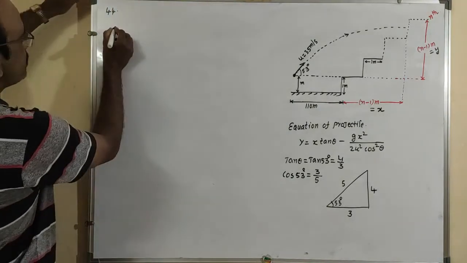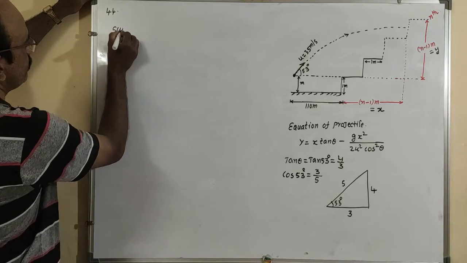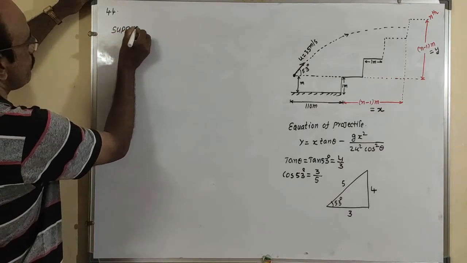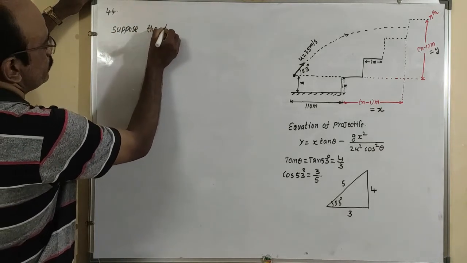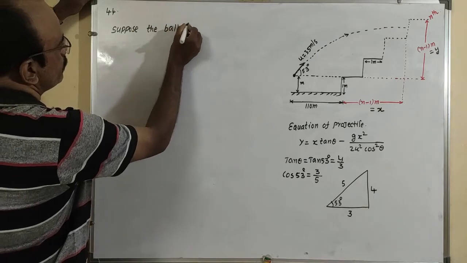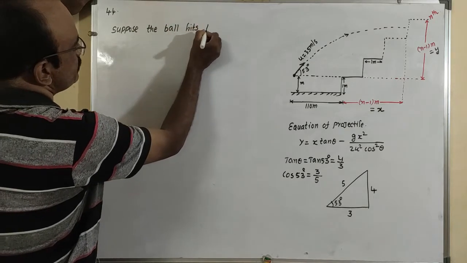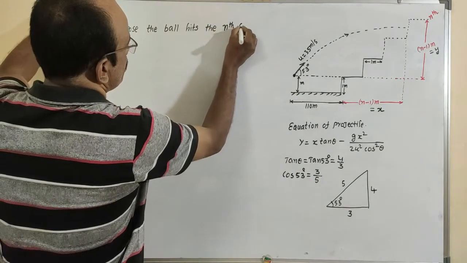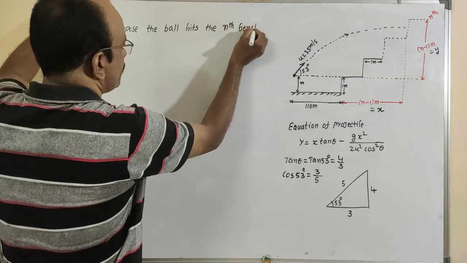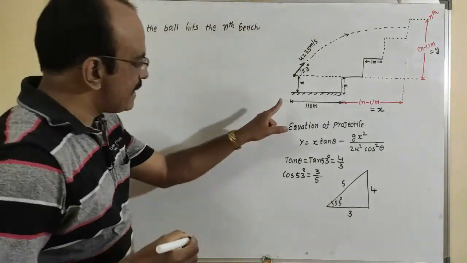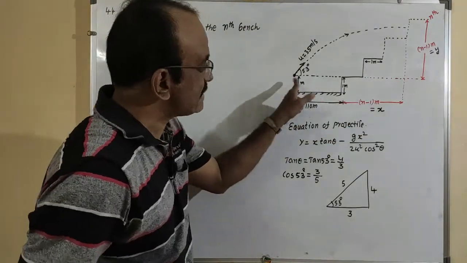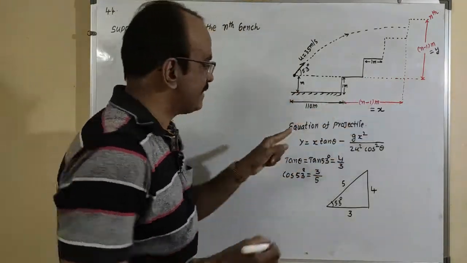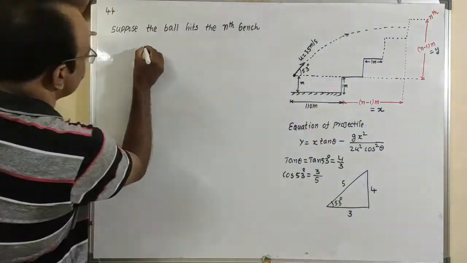So first of all, suppose the ball hits the nth bench. So the x distance, how much distance is traveled in the x direction? That is 110.